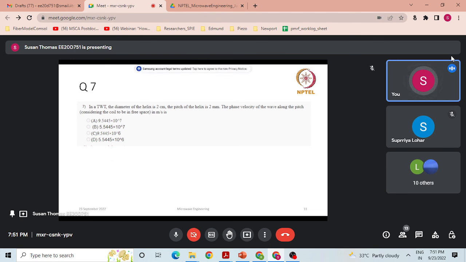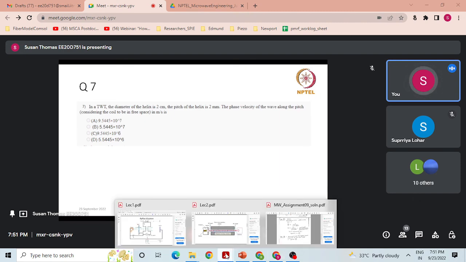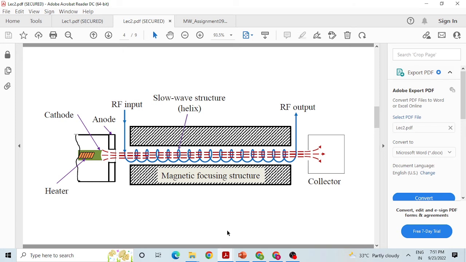So I hope I can go to the next question. It's on TWT, the traveling wave tube amplifier. I hope you remember how the TWT structure is. It's like a helical structure, basically a slow wave structure. I am not going into the details of that.